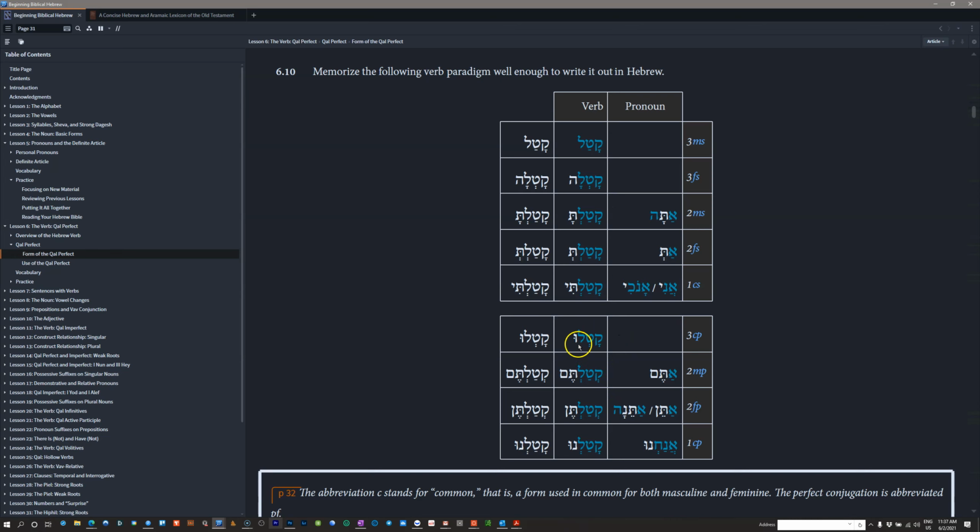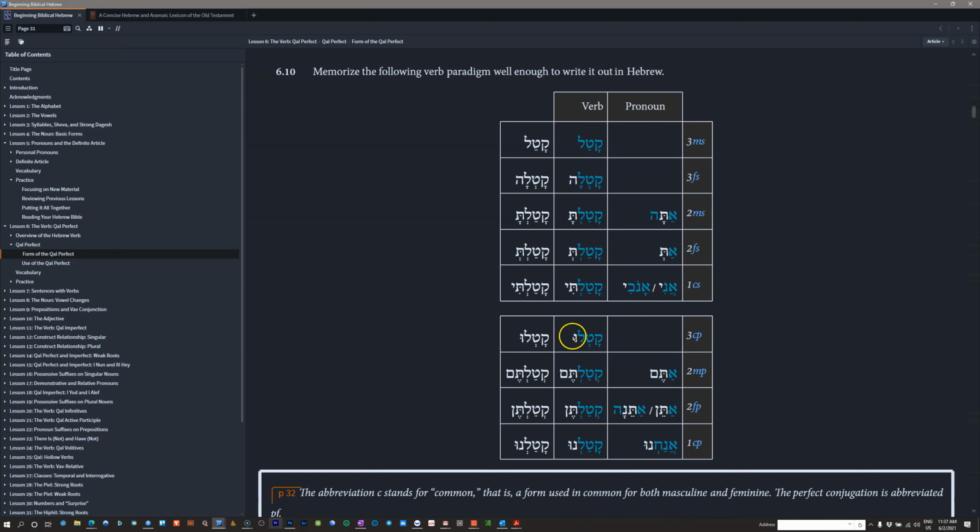You will come to understand that the shurek often indicates plurality. And it's often used for third person as well. So a holem vav often indicates third person masculine singular. A shurek often indicates third person plural. So those are patterns you will begin to pick up on, but at this point, the third person forms aren't really related to the pronouns.